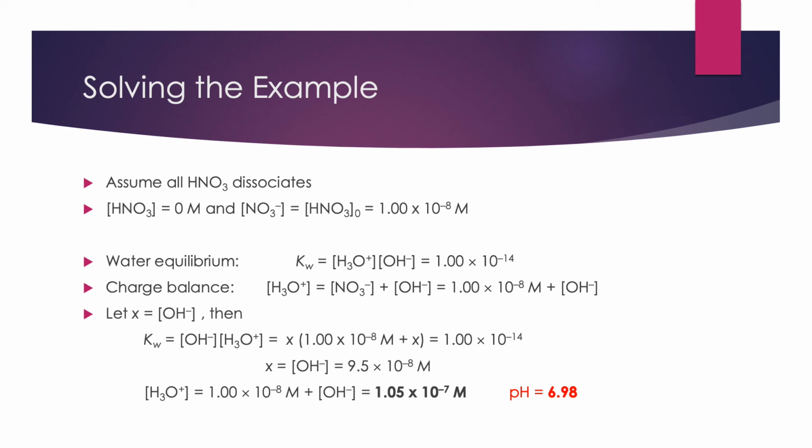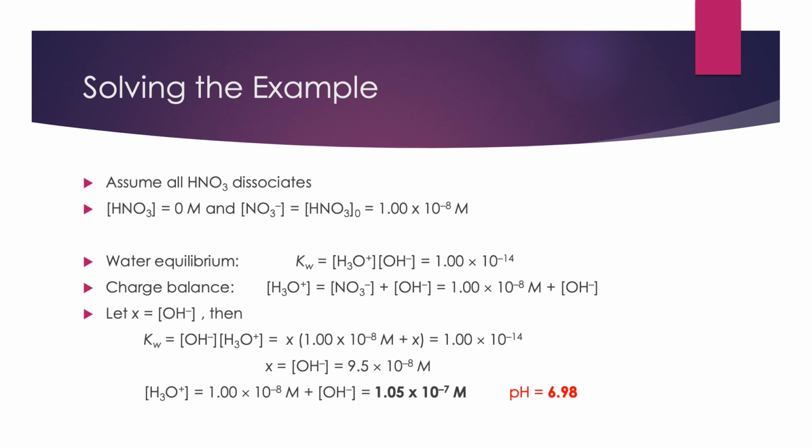We know the nitrate ion is 10 to the minus 8 molar. So the total concentration of hydronium ion has to equal 1 times 10 to the minus 8 plus the amount of hydroxide ion. So H3O plus equals 10 to the minus 8 plus OH minus.